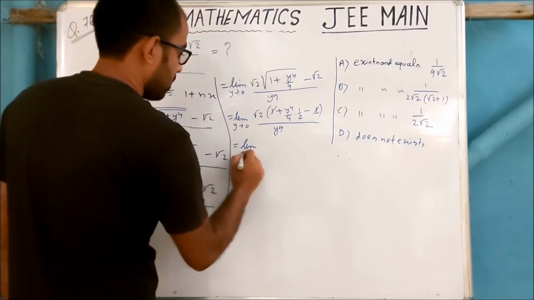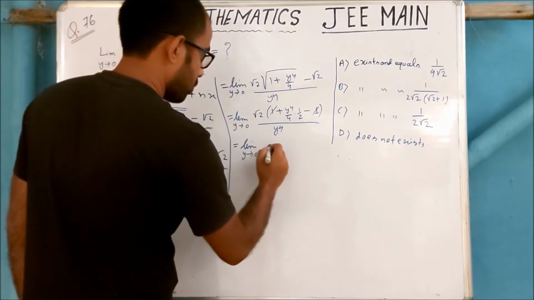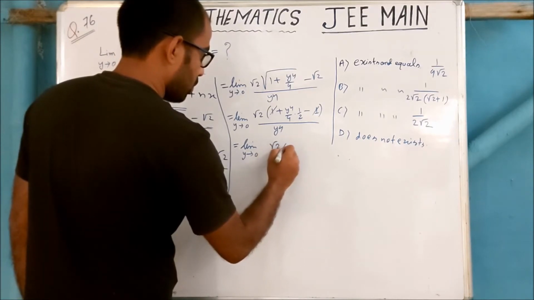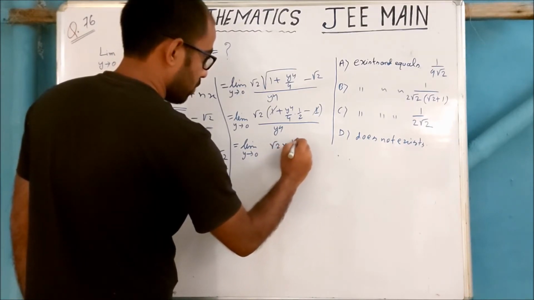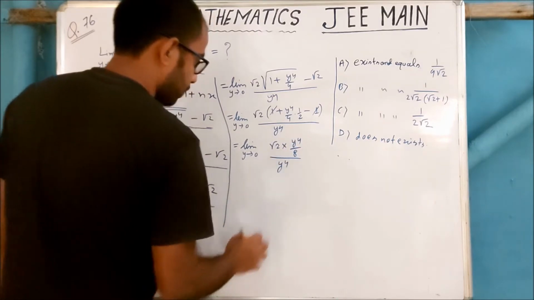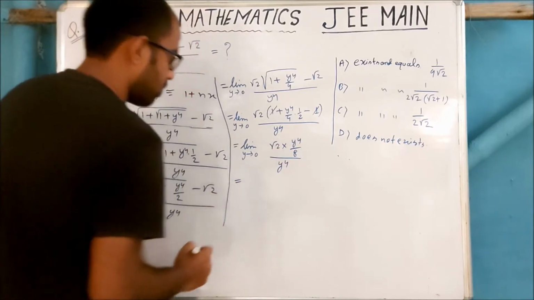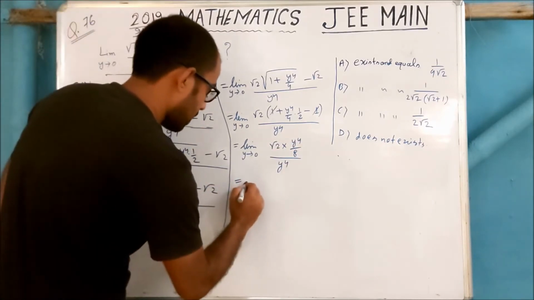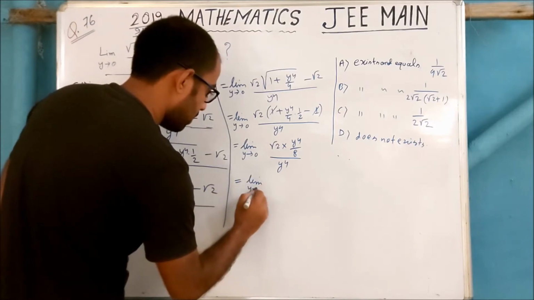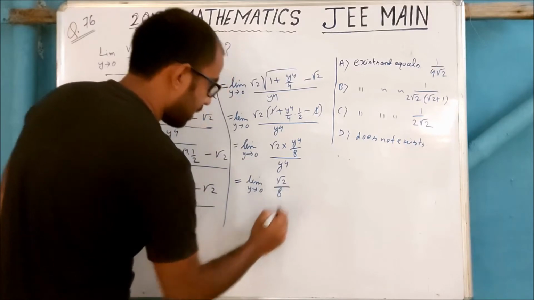Limit y tends to 0, so root 2 into y to the power 4 by 8, by y to the power 4. This y to the power 4 and this y to the power 4 cancel out, so we can write limit y tends to 0, root 2 by 8.